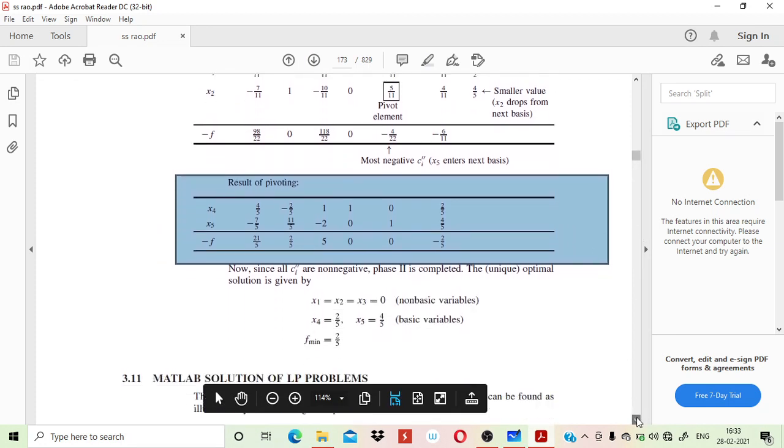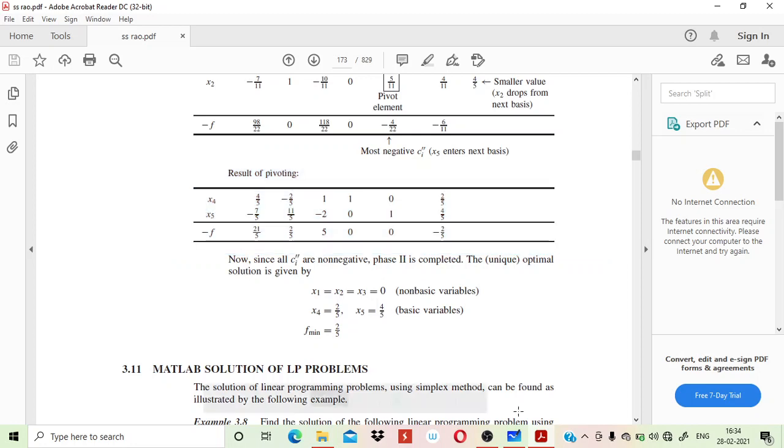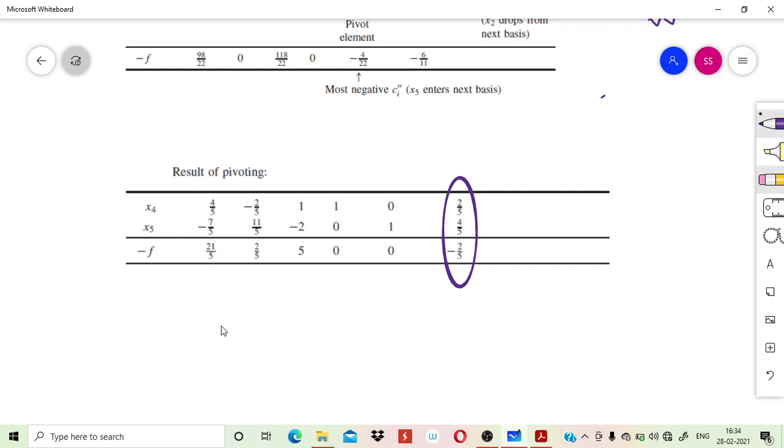All the coefficients, which you can call cost coefficients, are having non-negative values. So phase 2 is also completed, and the final solution will be like this.